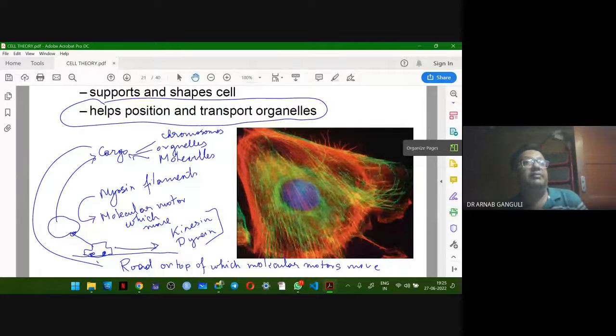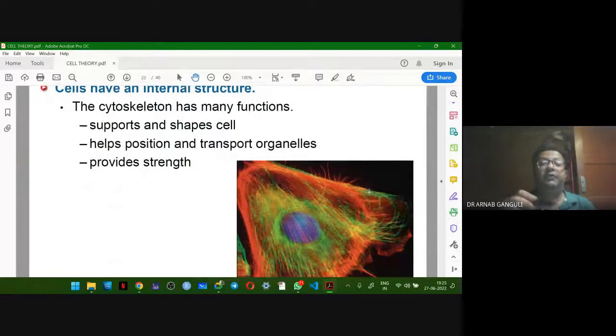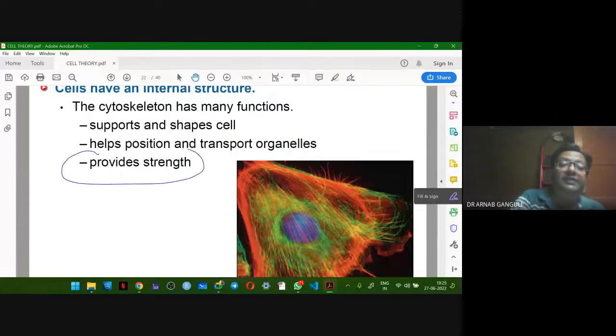If you have read about mitosis, meiosis, there is movement of chromosomes. These chromosomes move with the help of these molecular motors on top of spindle fibers. A spindle fiber is also a cytoskeleton. It's a microfilament. They provide strength, they work like bones, like your skeleton.